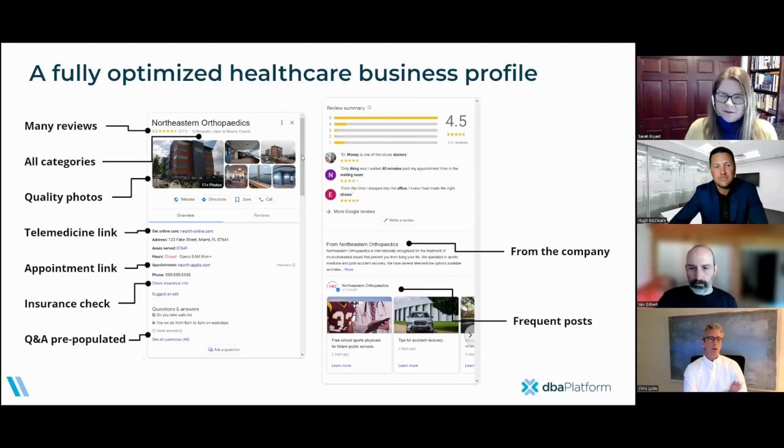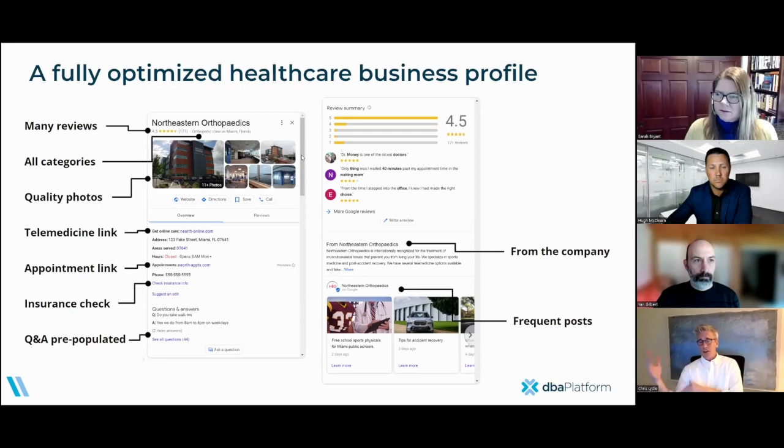And then the categories are really important. I'm going to talk a little bit more in a second about how many diverse categories there are, and how important it is that you register for as many of those relevant categories as you can. Because so much of this is aligning what you offer with what a consumer might be shopping for, right?